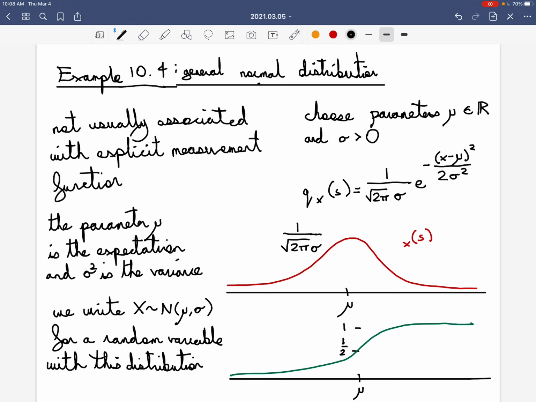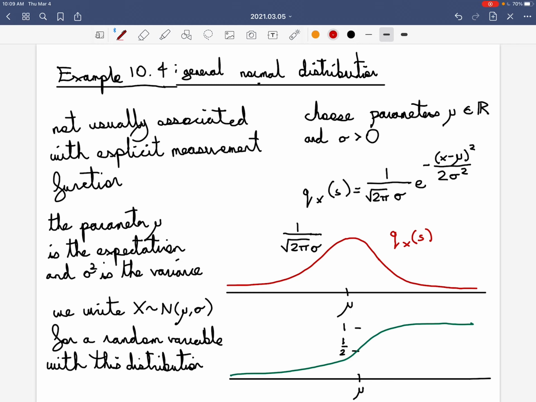You can have a very concentrated normal by choosing sigma to be very small. So if sigma is very small, you're going to have an extremely high bell curve with a very narrow range of support.